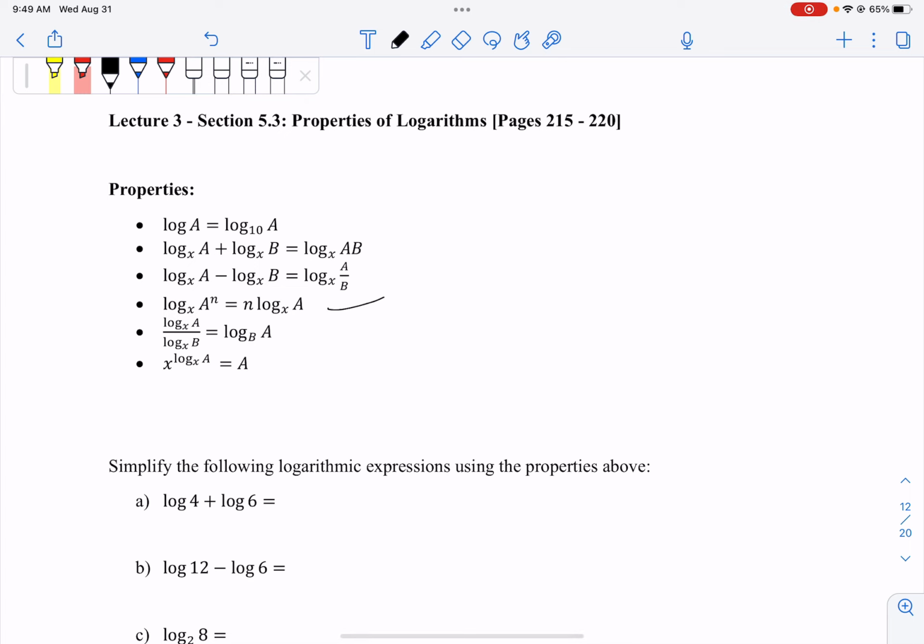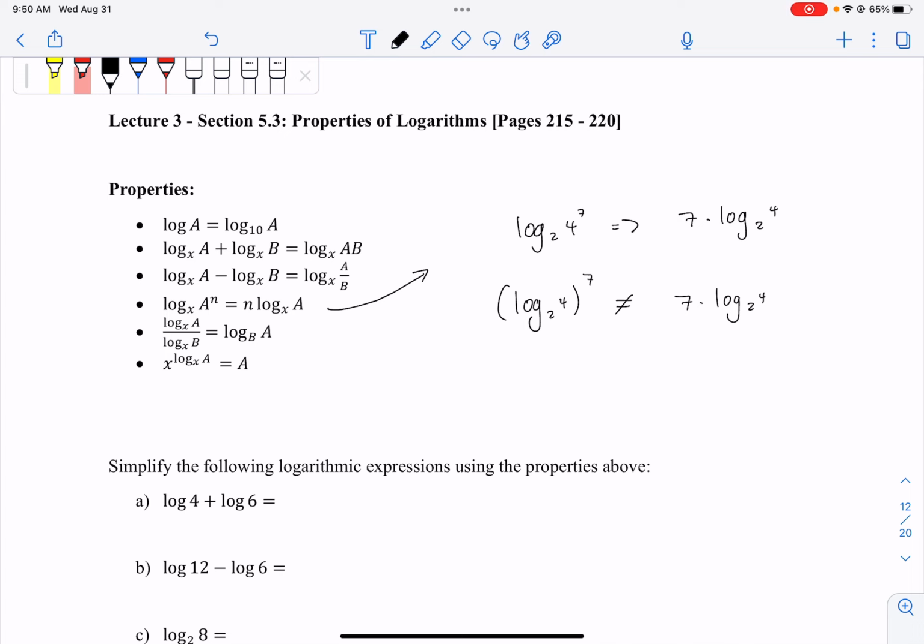I want to quickly note something though. If you have log base 2 of 4 to the 7, this is the same thing as 7 times log base 2 of 4. However, if you have log base 2 of 4, all to the power of 7, this does not mean 7 times log base 2 of 4. You have to make sure the 7 is only attached to the 4 and not the entire log base 2 of 4.